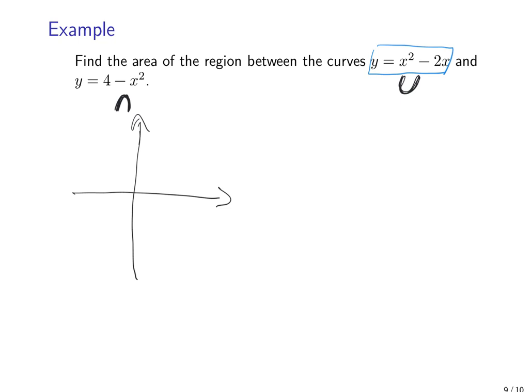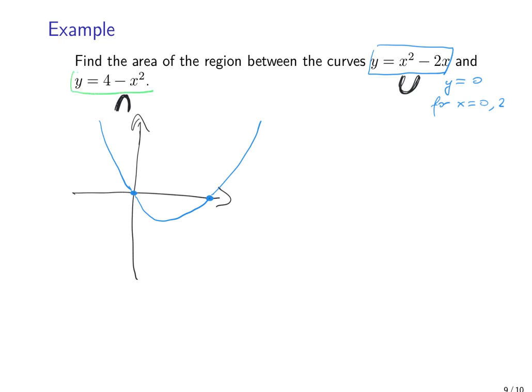That is a parabola that goes through, so y is equal to 0 for x is equal to 0 or x is equal to 2. So that's a parabola that passes through the origin and the point with coordinates 2, 0, and looks a little bit like this. You don't have to get the figure absolutely right. It helps to make it accurate, but if the proportions are a bit off, that's usually fine.